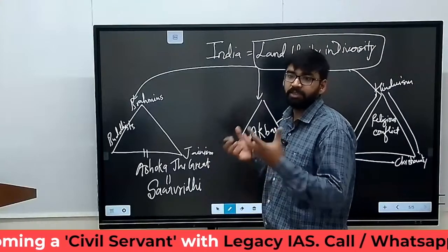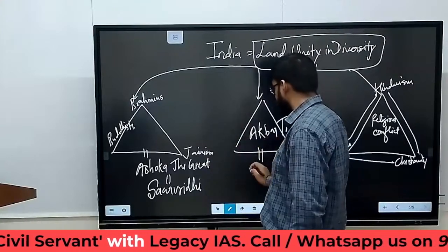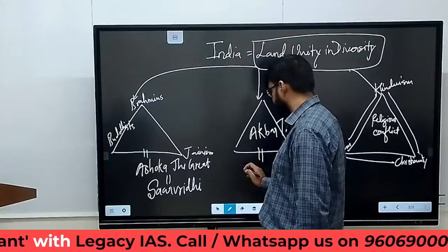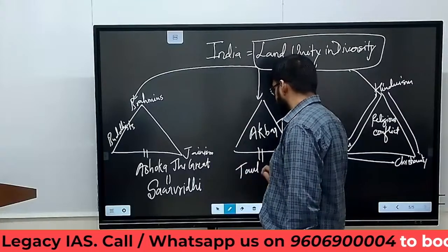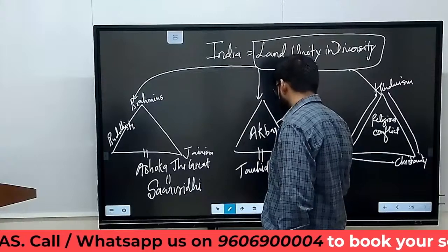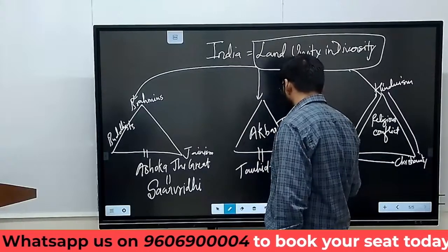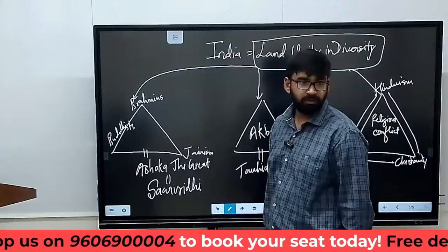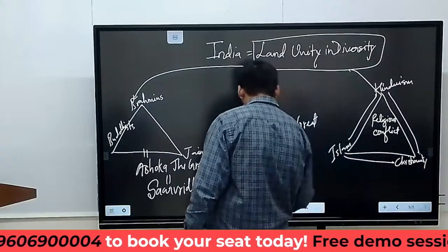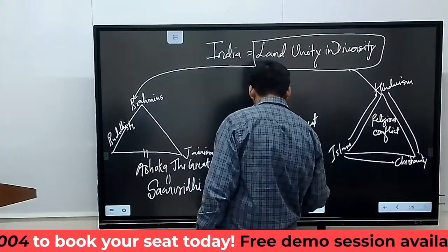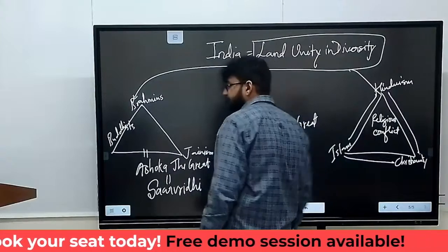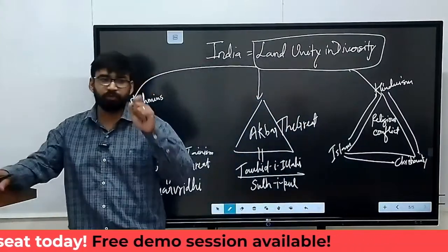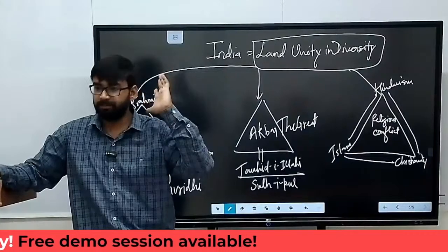We should respect each and every culture. That is why he created his new philosophy and religion called Din-i-Ilahi, Tawheed-e-Ilahi, which means Sulh-e-Kul. Sulh-e-Kul means universal peace, that the principles of every religion are the same.